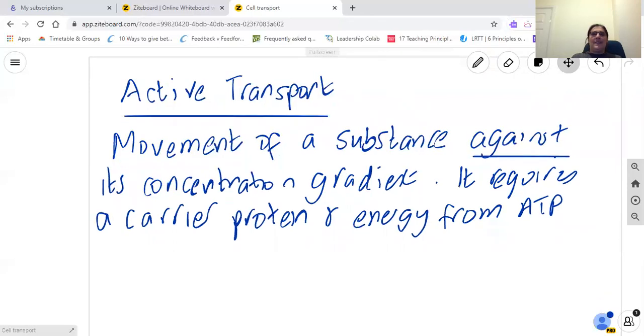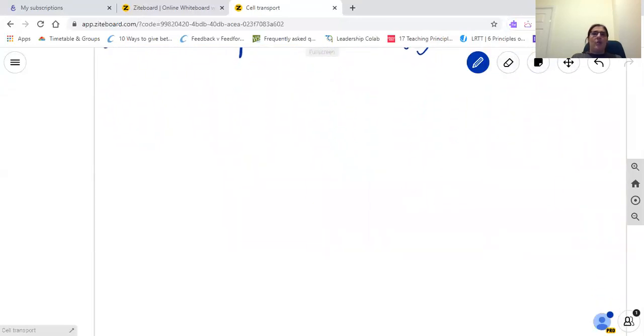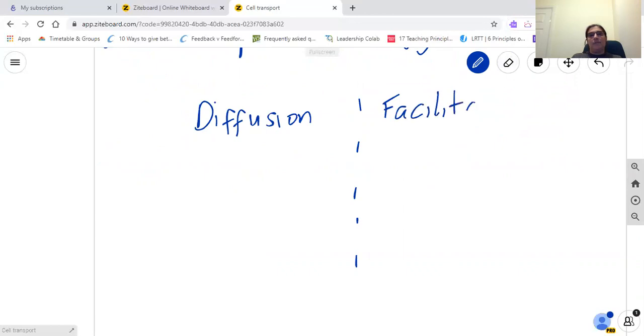Okay, so what do I want to say about this? The important thing is to be able to compare the two. So, for example, to be able to compare diffusion and facilitated diffusion. So, both go down a concentration gradient.